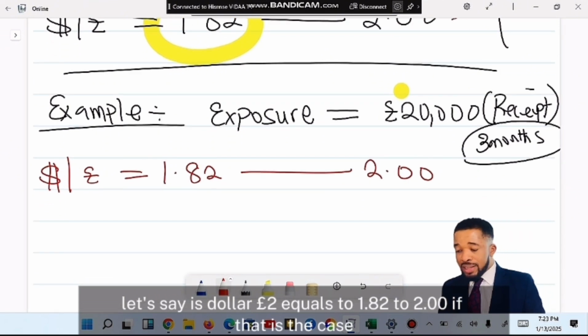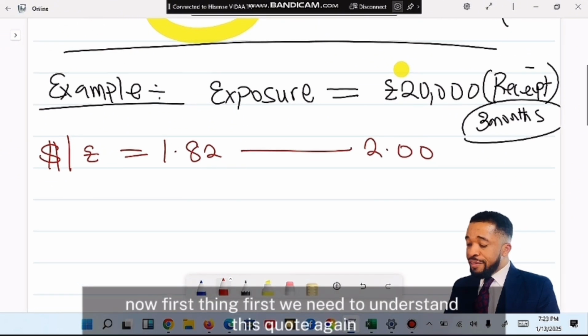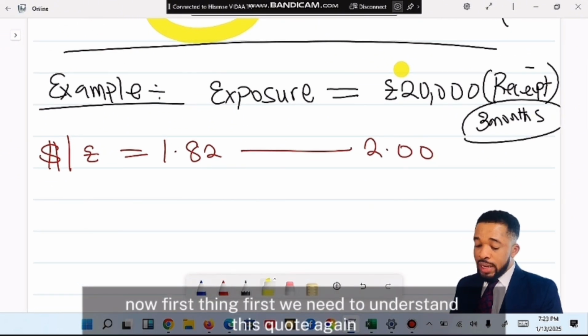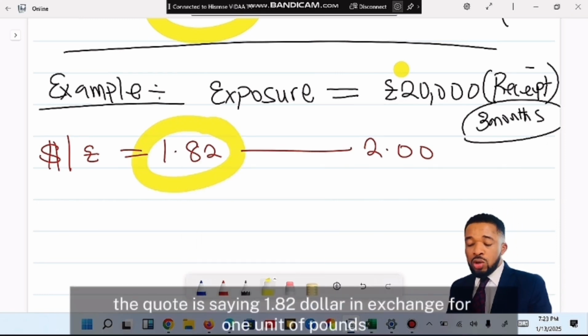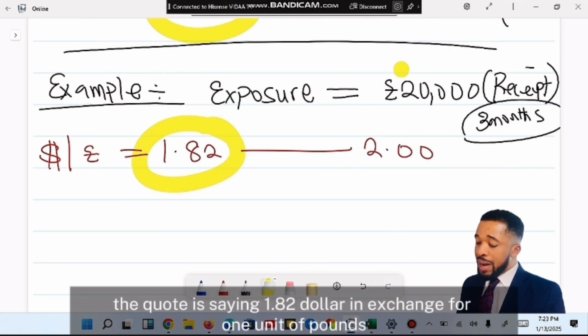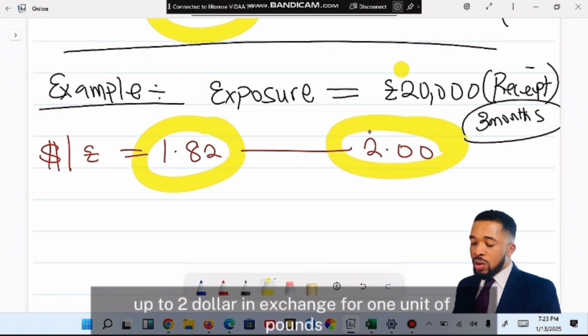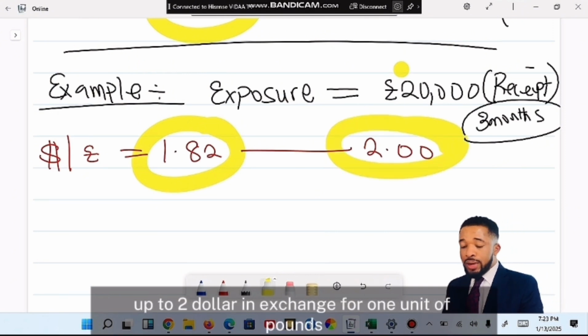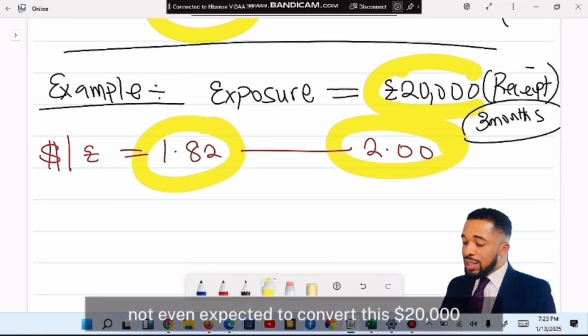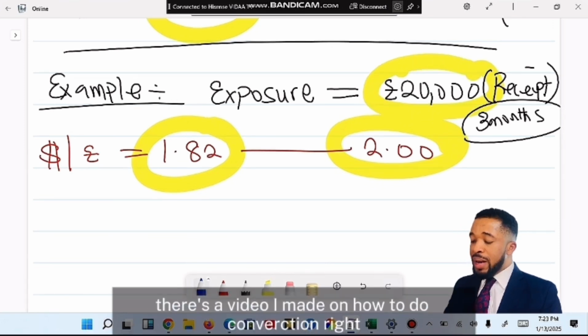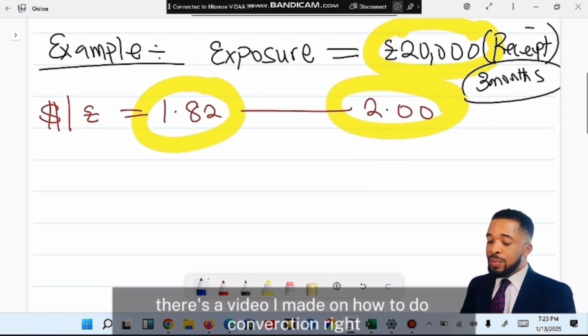If that is the case, first thing first, we need to understand this quote. Again, I've explained. The quote is saying $1.82 in exchange for 1 unit of pounds, up to $2 in exchange for 1 unit of pounds.